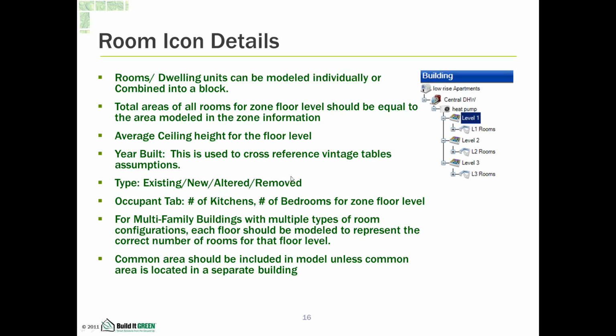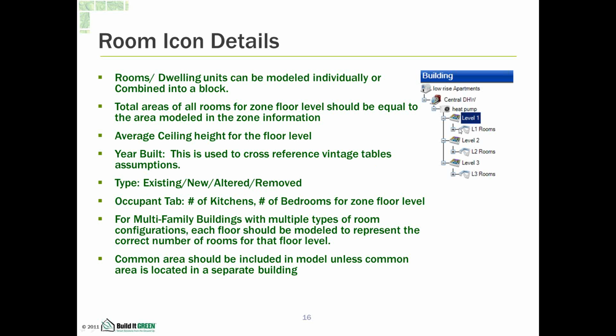And altered and removed is pretty much for if you're doing Title 24 compliance. So if you're doing some remodeling, these two types will be used to represent if a wall was altered or removed, or any kind of configuration changes. That's for the altered and removed.